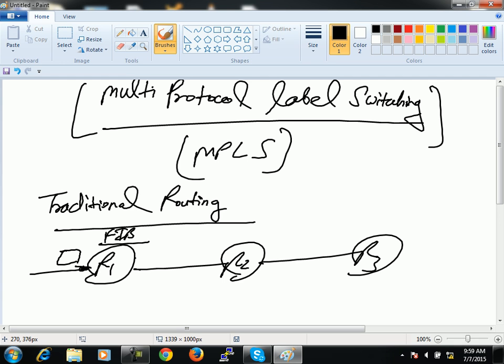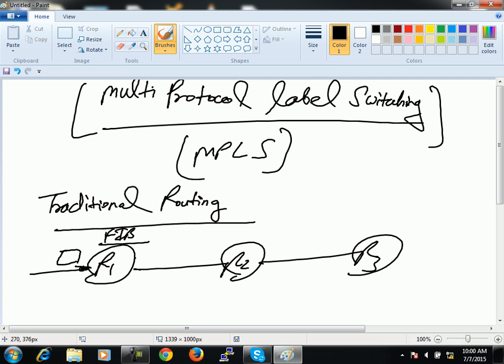Now think about the situation in which you do not have the destination prefix available in the FIB. Will it be possible for a router to switch that packet? No. If that prefix is not available in its FIB, it is also not available in the RIB, because in the FIB only those prefixes will be available which are available in the RIB. You understand?